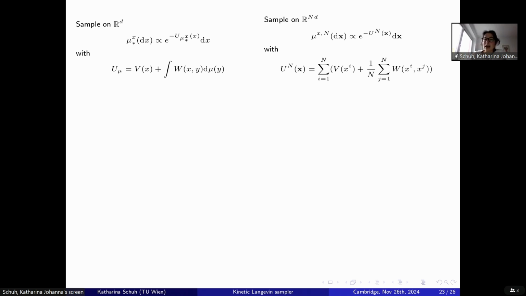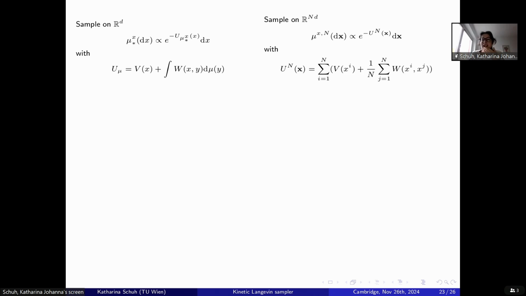So here we are now in R^{d times n}, and here we have a very specific potential U. So in particular, we have n particles, all of dimension d, such that in the potential U, we want some kind of confining potential, which later on will satisfy the assumptions we had previously on our potential U. And we have some pairwise interaction between these particles, which is encoded in this potential W.